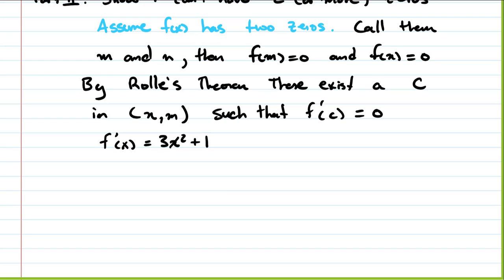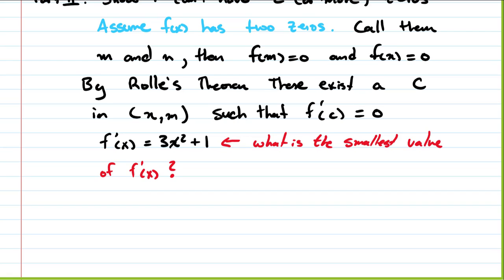Well, now we have a little bit of a problem. So what is the smallest value of this? Well, we know x squared is always greater than or equal to 0, right? So the smallest x squared can ever be is 0, right?